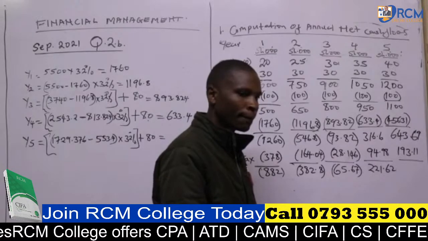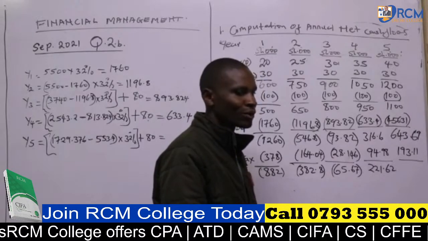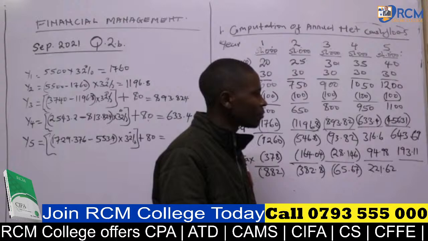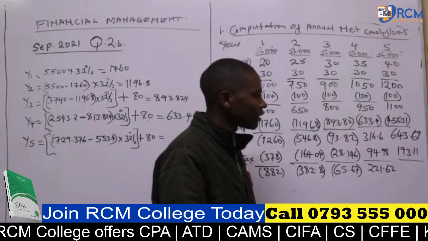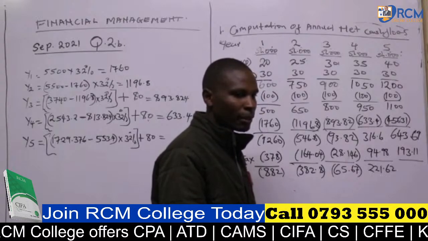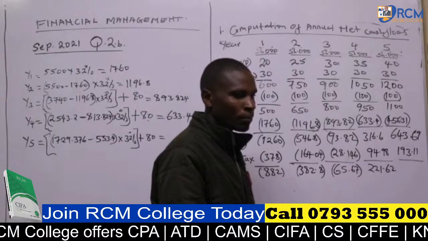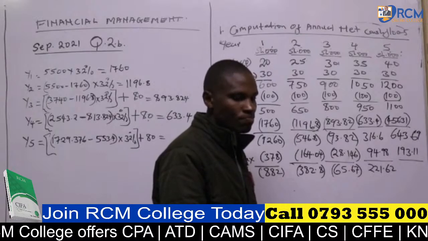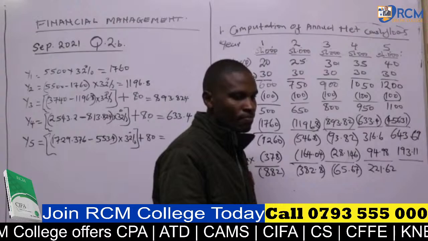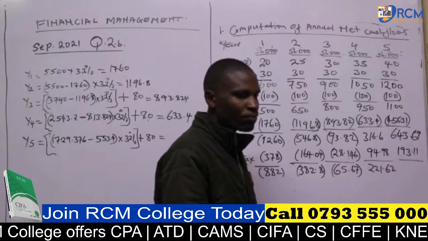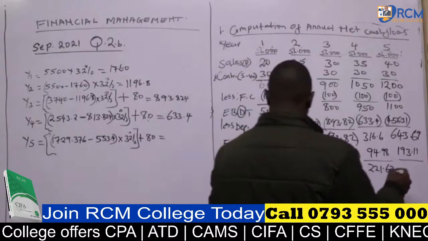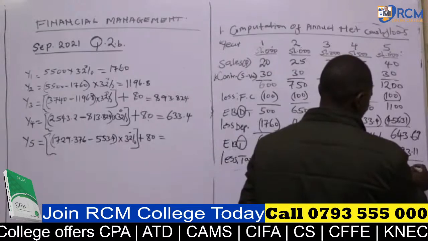Next one. The last one, of course. 643.69 minus that. Napata ngapi? 450.58.